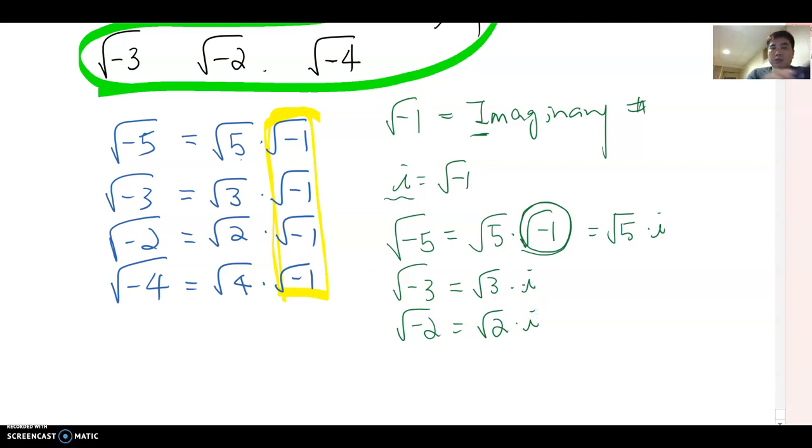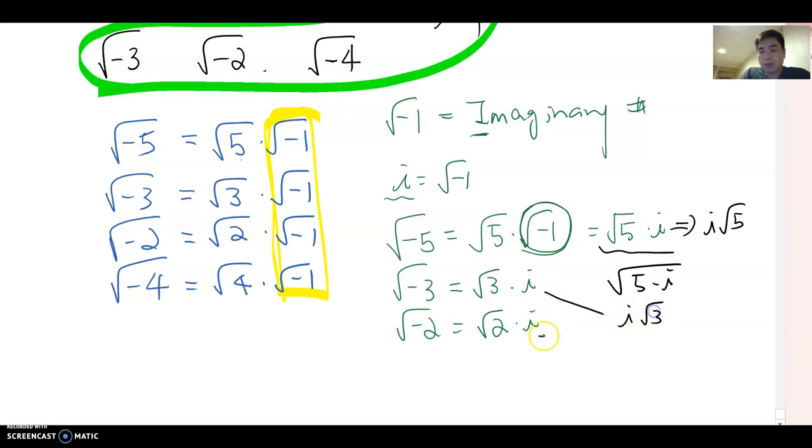But sometimes you miswrite this one as root 5 times i, like that, and we really want to prevent that issue. So always write i first. So i root 5, then this becomes i root 3, and this becomes i root 2 here.